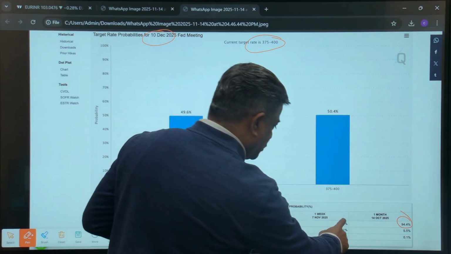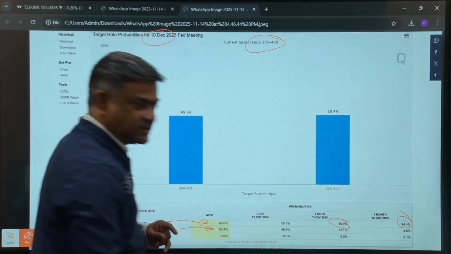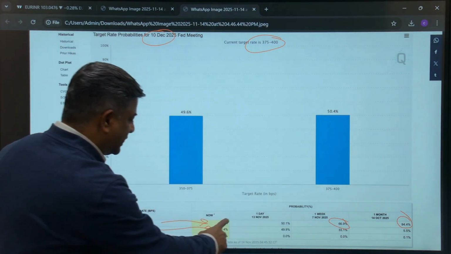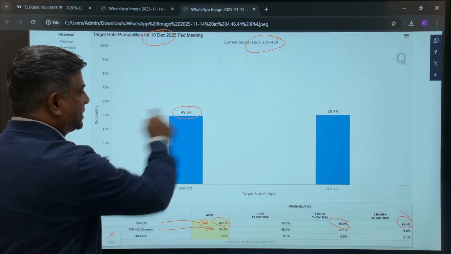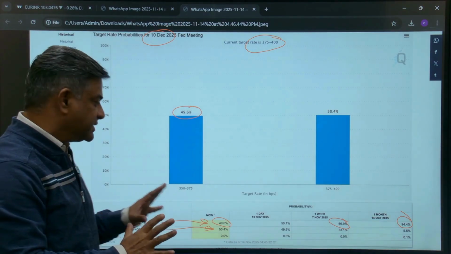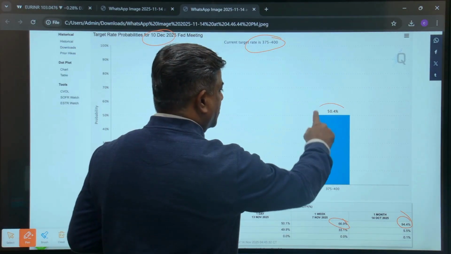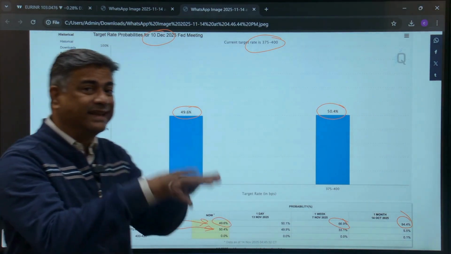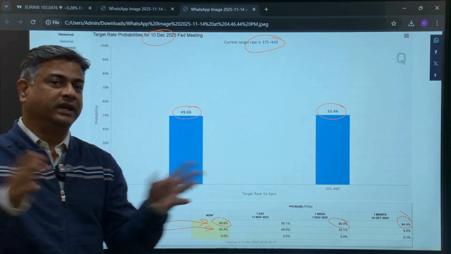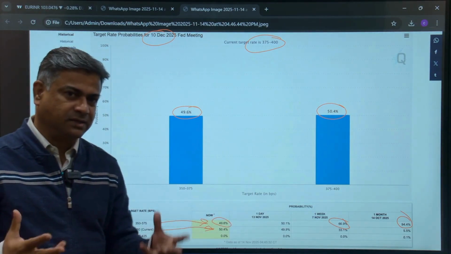Then just a week back it came down to 67%, and now it is at 49%. This is the rate cut probability of 25 basis points, and this is the probability that rates will remain the same, which means the market anticipation is now equally divided.